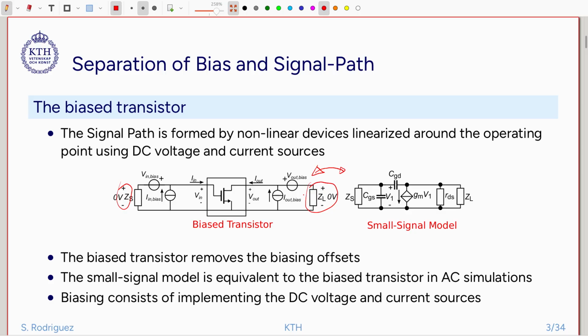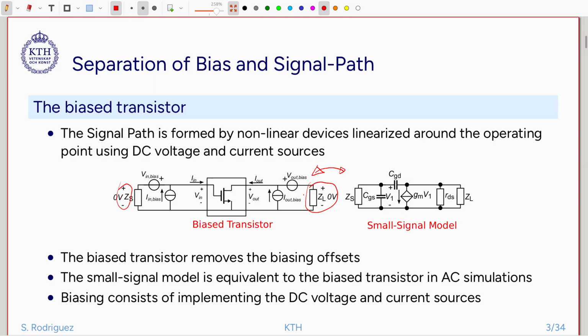So these biasing voltages and currents are totally removed, so we can connect any impedance at the input and the output. Then we can run every kind of AC simulation, like a noise simulation, pole-zero simulation, etc.